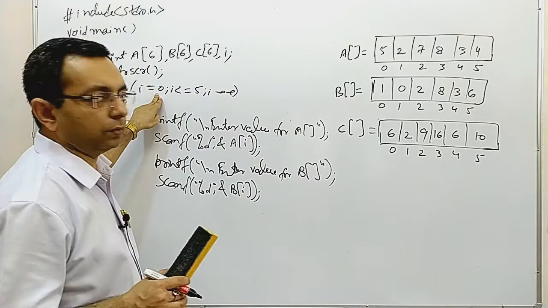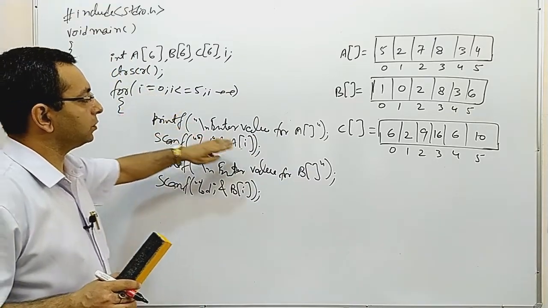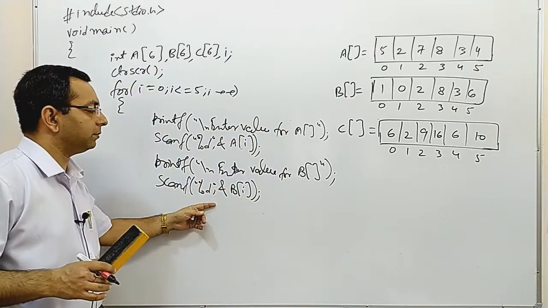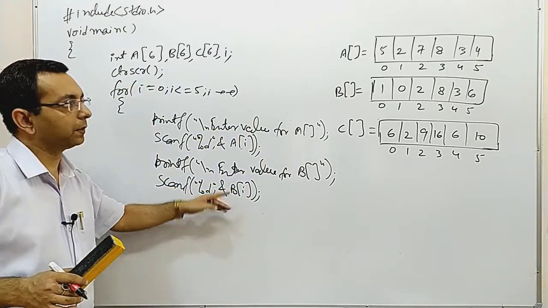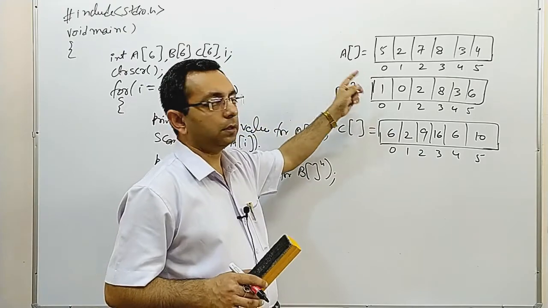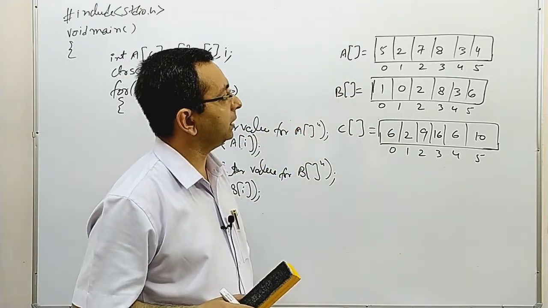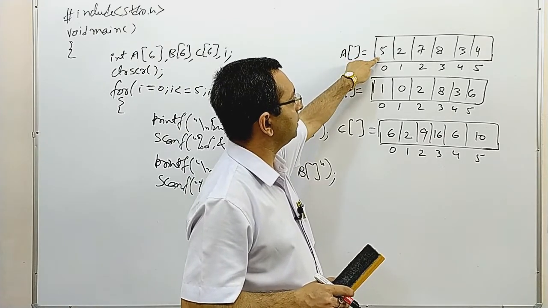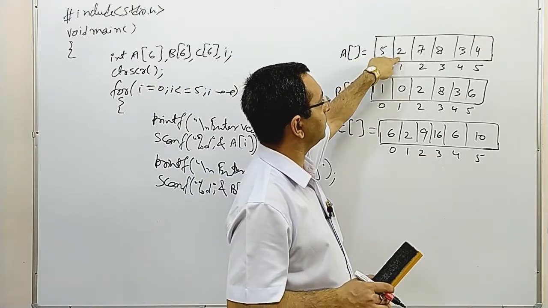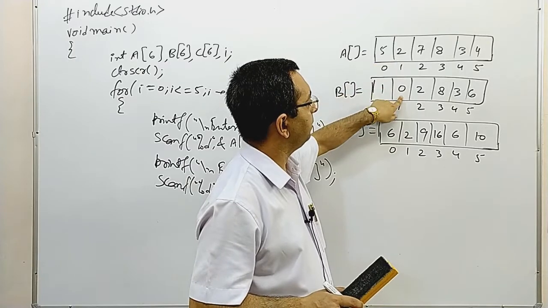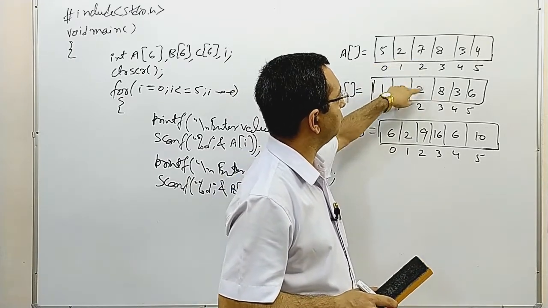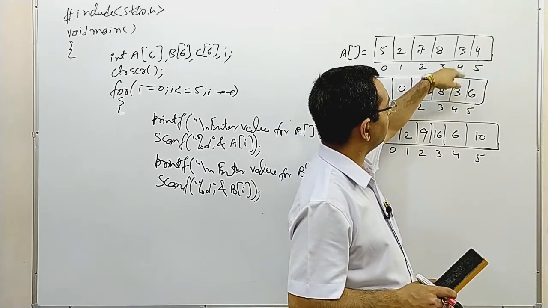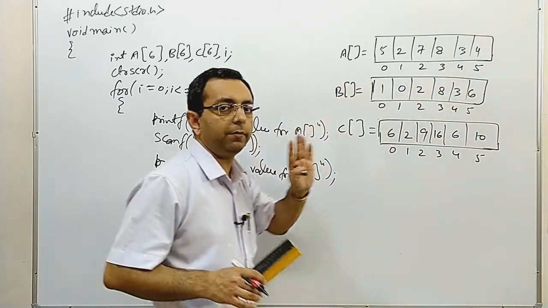For iteration 0, for I equal to 0, first the user has to input a value for A, like 5, then immediately give a value for B. So the user has to be very clear what value they are giving. First they give this value, then this value, then again A1, B1, then A2, B2, A3, B3, A4, B4. So the user must be very clear.